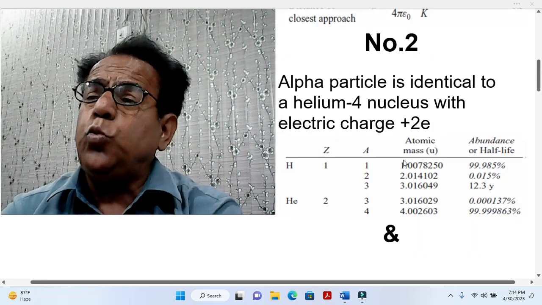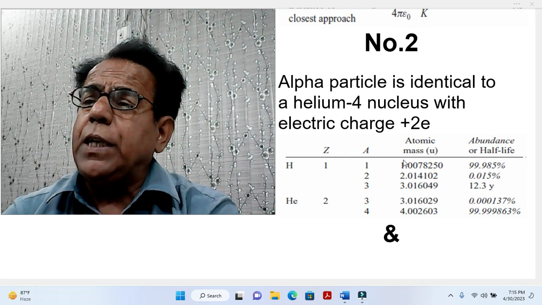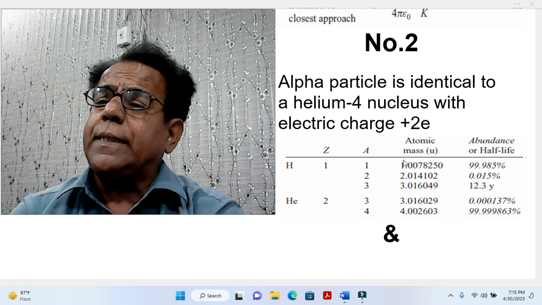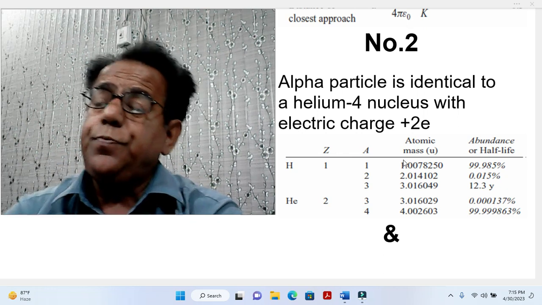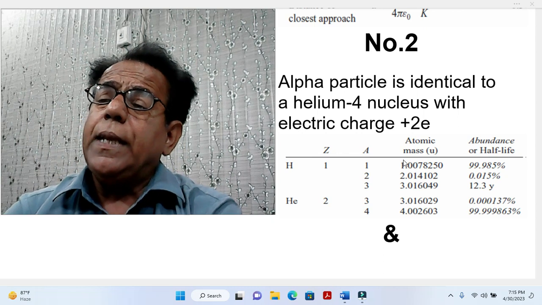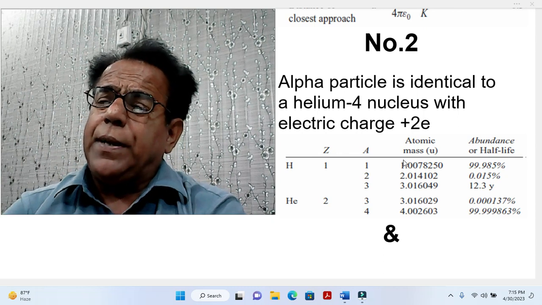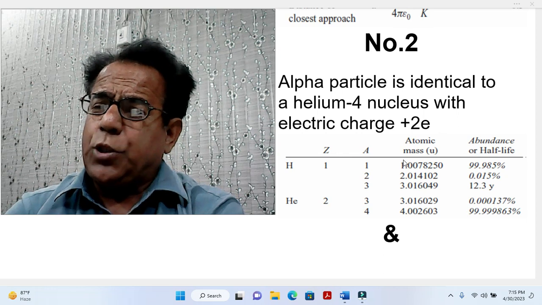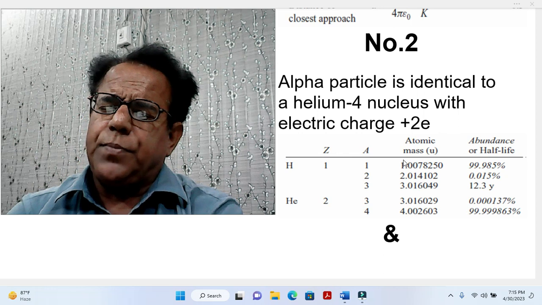Tool number 2 says an alpha particle is identical to a helium 4 nucleus with electric charge plus 2e. Dear students, a part of the relevant table has been shown in the shape of a snapshot.